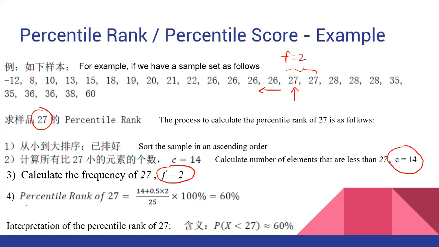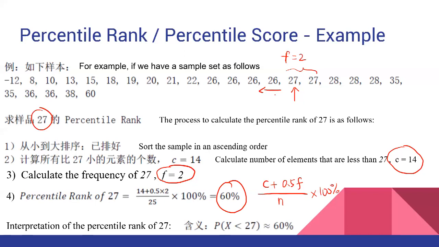And then finally, we can calculate the percentile rank of 27, which is (C plus 0.5 F) divided by N times 100%, which is (14 plus 0.5 times 2) over 25 times 100%, which is 60%.